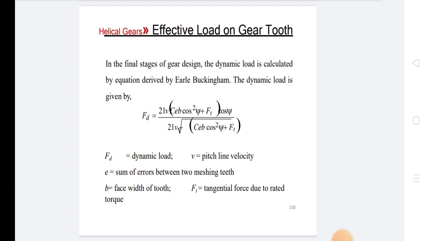In the final stages of gear design, the dynamic load is calculated by the equation derived by Earle Buckingham.